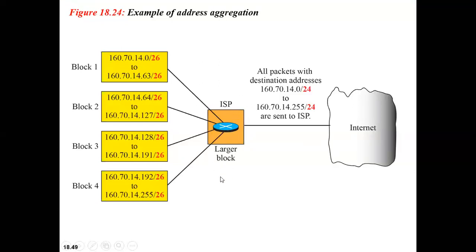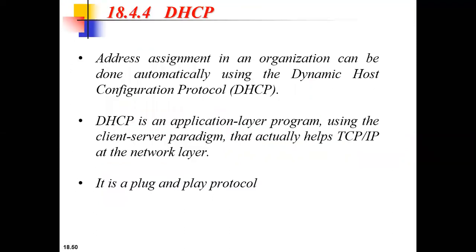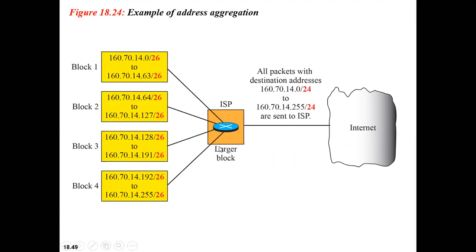The large block is given to the ISP, and as I already told, the ISP divides the larger block into various sub-blocks according to our requirement. We have 4 organizations, so we need to assign 4 blocks. So divide the larger block into 4 small sub-blocks and assign one to each organization, say for example 0 to 63, 64 to 127, and so on.